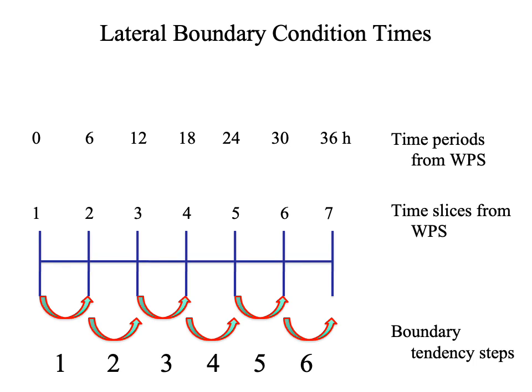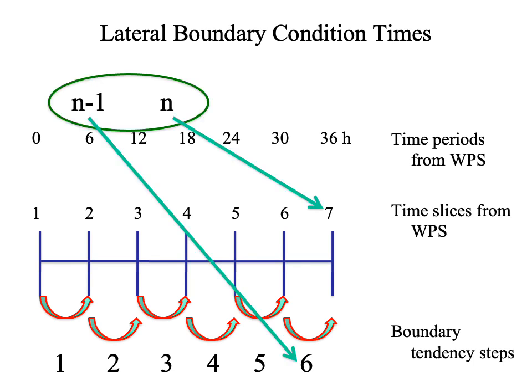The difference between hour 6 and 12 allows us to compute a tendency that's valid between hours 6 and 12. Likewise, all the way up to the end, the data at hour 30 and the data at hour 36 allow us to compute a tendency between 30 and 36. So we only end up with n minus 1 time periods of boundary data compared to the time periods that were processed inside of ungrib, metgrid, and the real program.